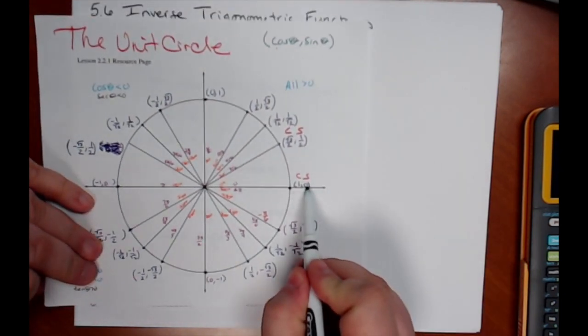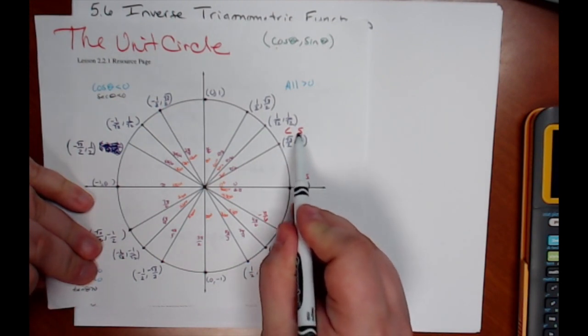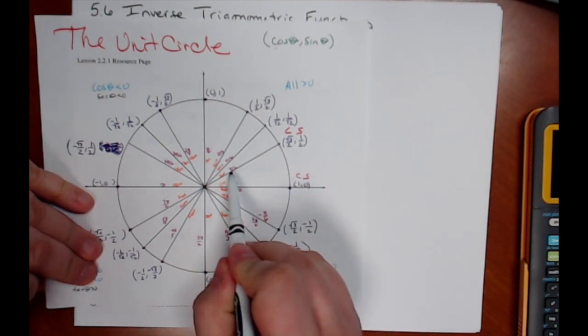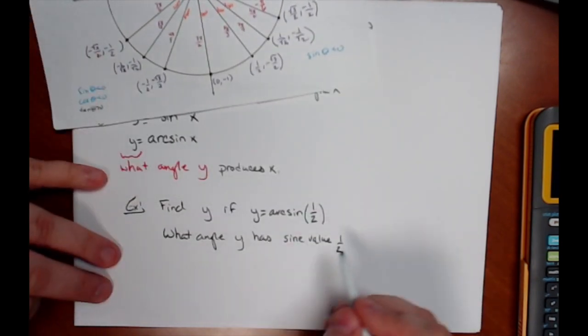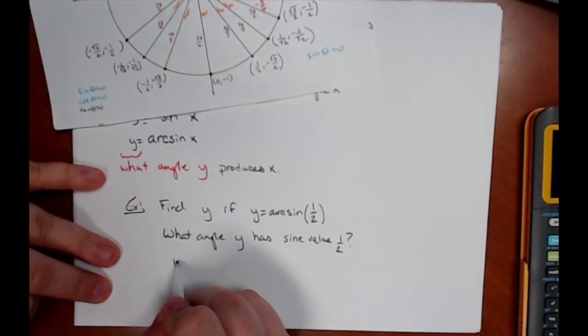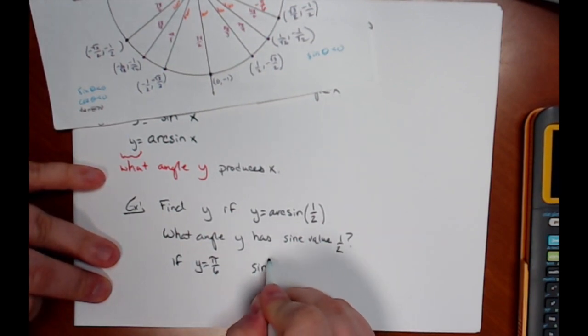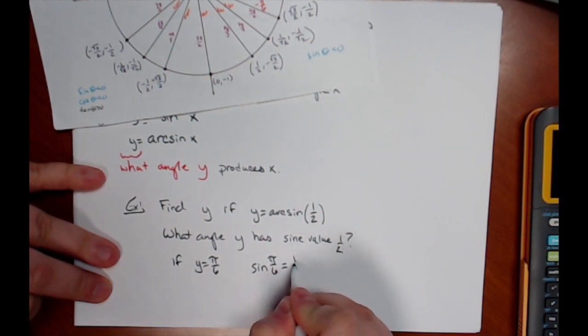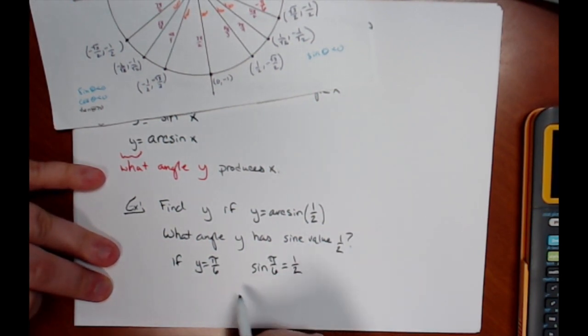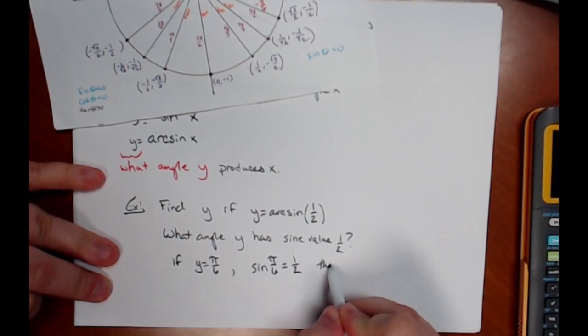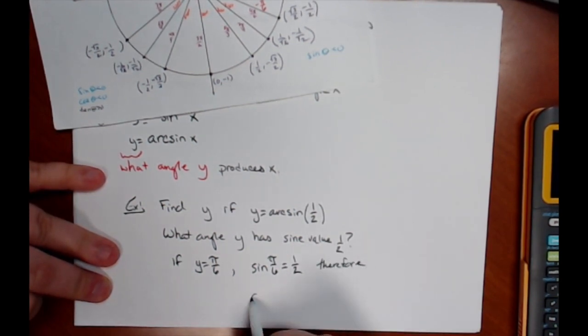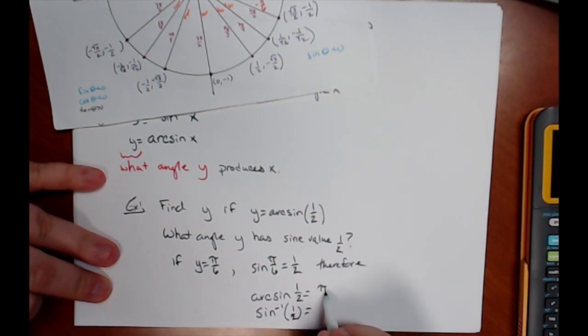Well, cosine, sine, cosine, sine. Here we have sine is a half at pi over 6. Well, if y equals pi over 6, then sine of pi over 6 equals a half. Therefore, arc sine of a half, or sine inverse of a half, equals pi over 6.